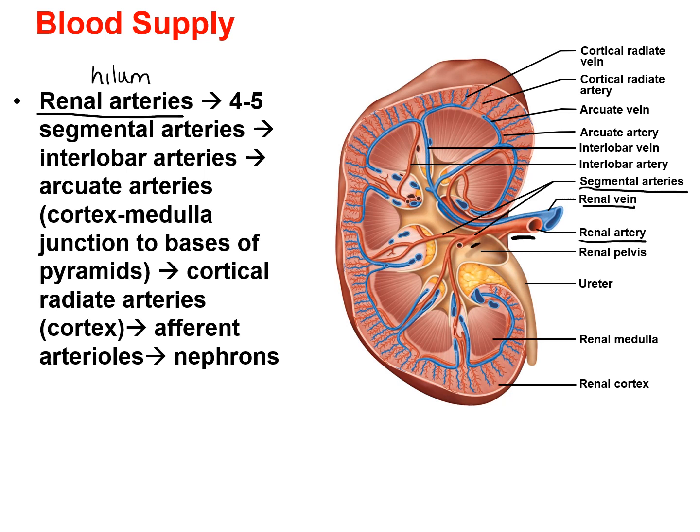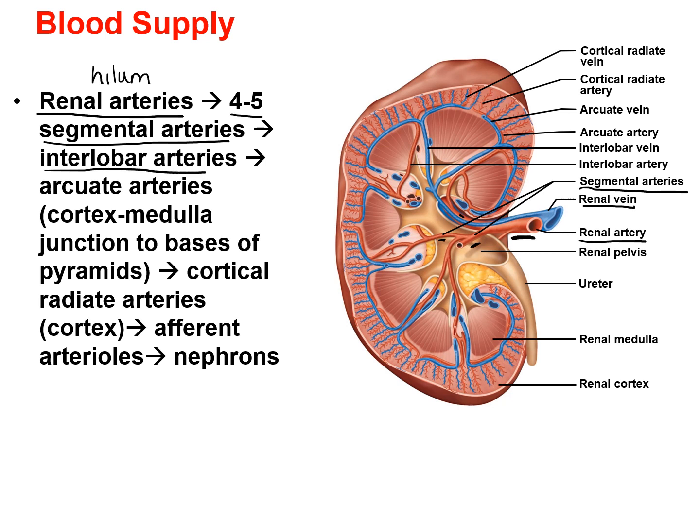This would be one, here's another one, but then you would have one right here, another one over here. So you have 4 or 5 of these segmental arteries that branch off of your renal artery shortly after it enters into the kidney.